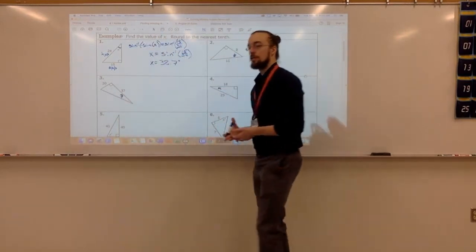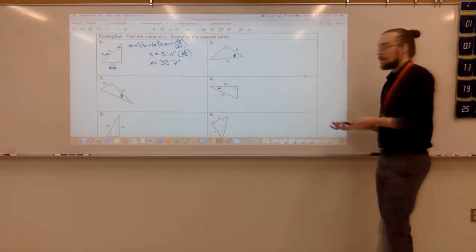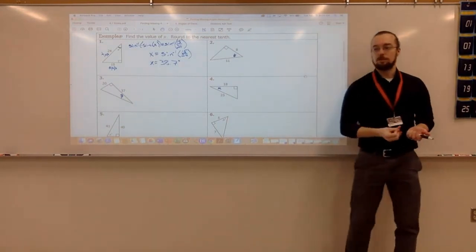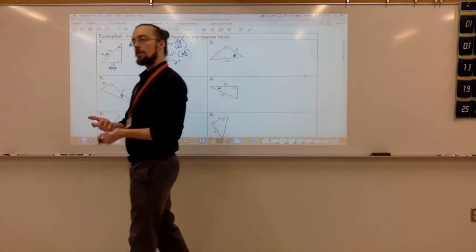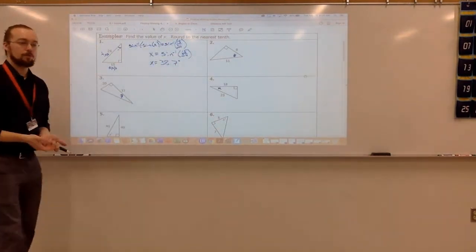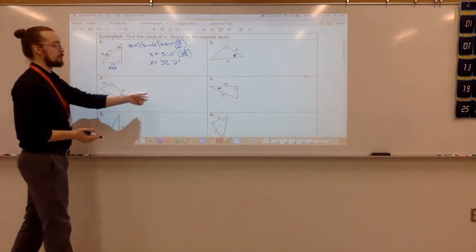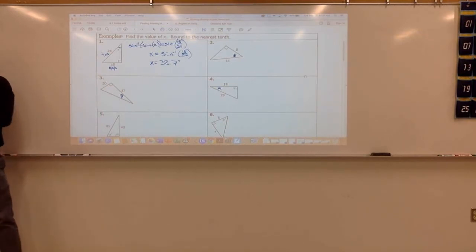That doesn't change anything, right? All that is the variable. So just don't freak out if you see a Greek letter at some point as the variable for an angle. The process is still exactly the same. They just denote the variable differently. All right? Questions?